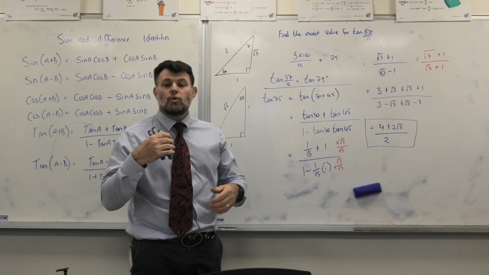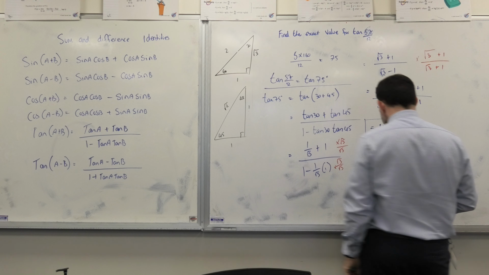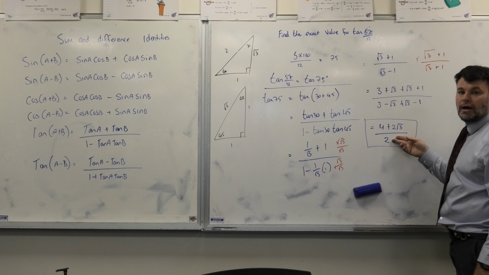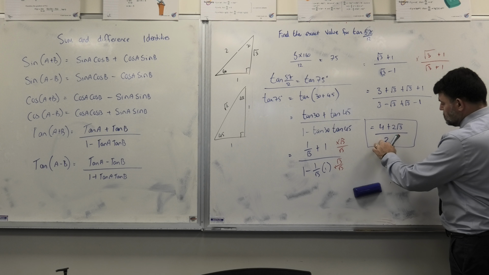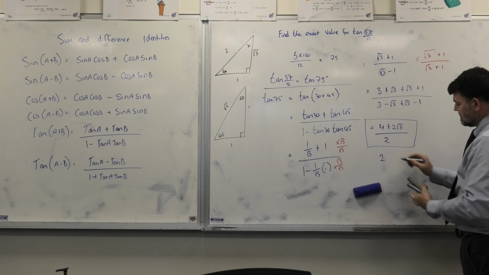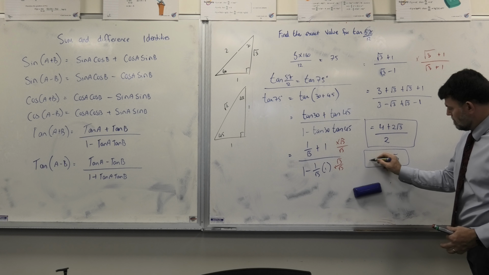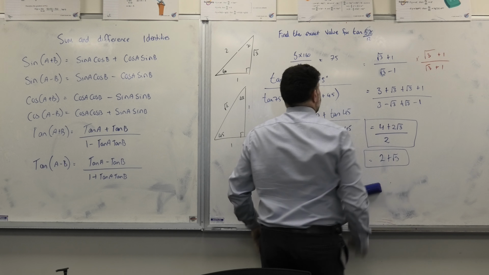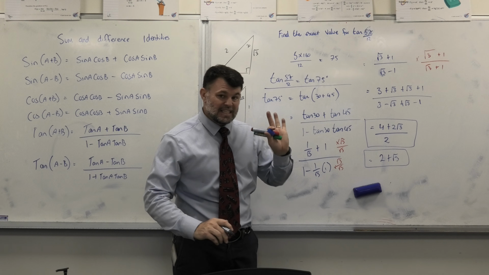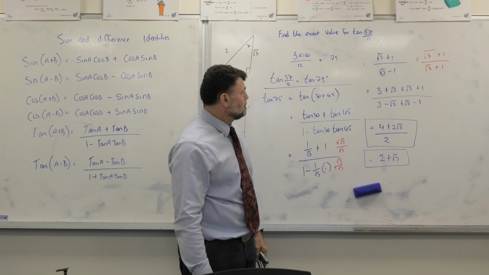However, we always want to simplify, so we can simplify everything by 2. How many times does 2 go into 4? It goes in 2 times. 2 into 2 once. So my final exact answer for tan 5π/12 would be 2 plus root 3.